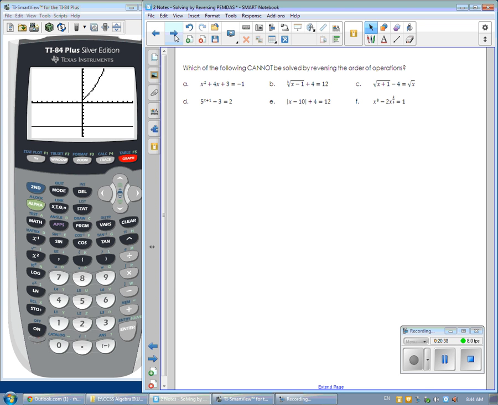Okay, so again, we can only use the reverse order of operations when it's possible to arrange the equation so that there's only one expression involving x. So the next question says, which of the following cannot be solved by reversing the order of operations? Because the idea is to isolate the term involving x. That's our first step.